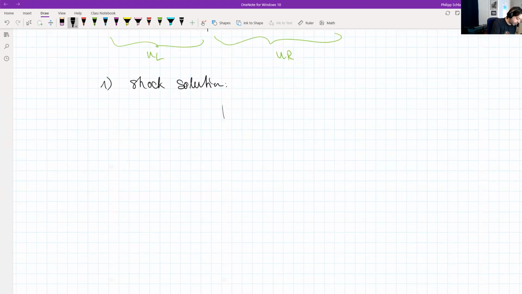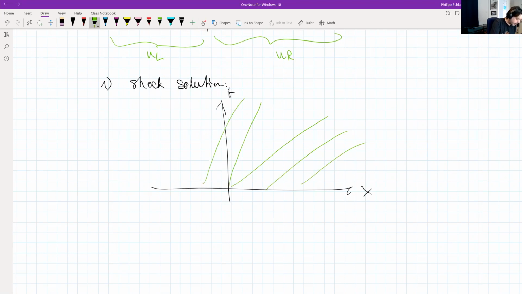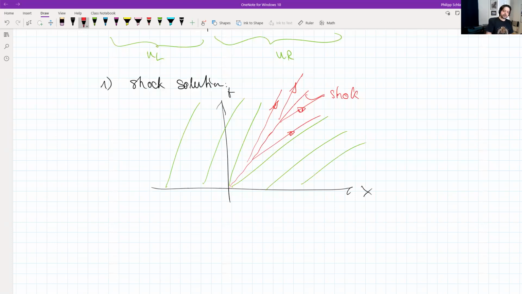Well, the shock solution would then look like this. Again, X and T. I had my lines like this and like this. So I would create the shock, maybe with a shock speed S, and then I would get lines like this that would come out. Then the direction of the characteristics obviously would be like this. So this would be a shock solution for this Riemann problem.